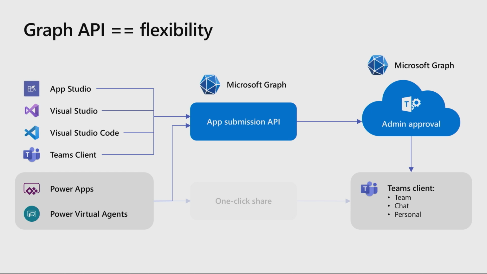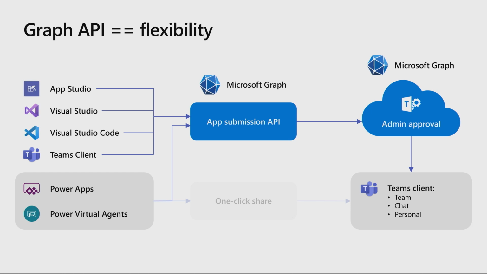And you saw examples from Visual Studio, VS Code, our own App Studio, and even our Teams client for how to submit those apps into production and how admins can approve them. But we recognize that every organization is unique, and not all of them standardize on those surfaces for building and deploying apps. And because of that, we built that entire pipeline that you just saw on the Microsoft Graph API.